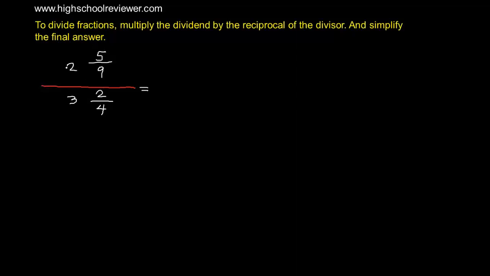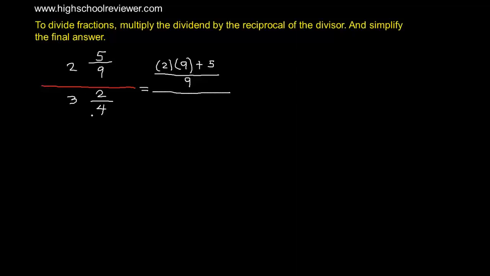So let us first convert the first one. We will have here 2 multiplied by 9, and this will be added to the numerator, which is 5. This is our numerator for our first fraction, and the denominator would still be 9.